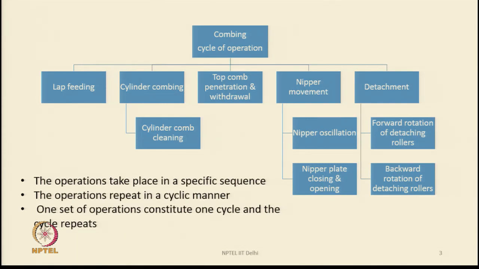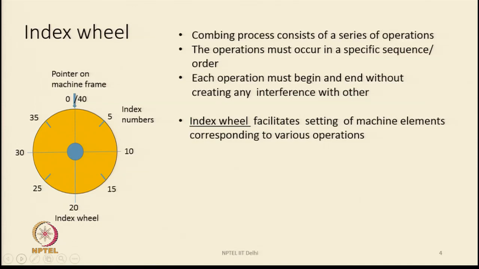So, we see there are so many operations. All these operations need to be performed in a particular or specific sequence. So, the question that comes to our mind: how do I set the machine so that all these operations can be performed in the desired manner?